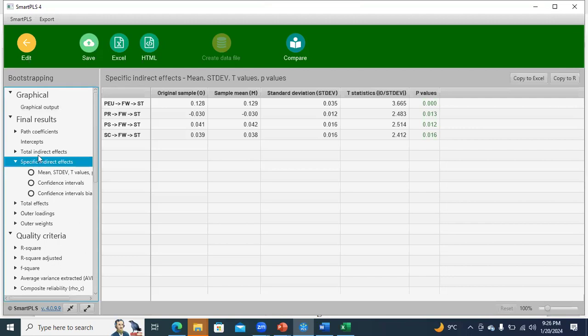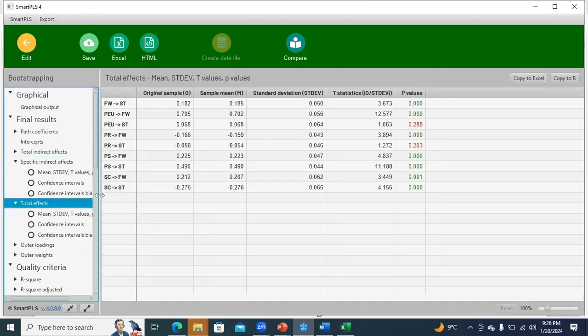So how can you see the direct impact? You can open the total impact and you can see the direct impact of PEU on ST. PEU on ST, this is the direct impact. You can see it is insignificant.